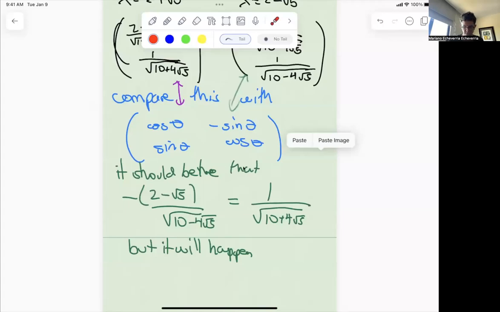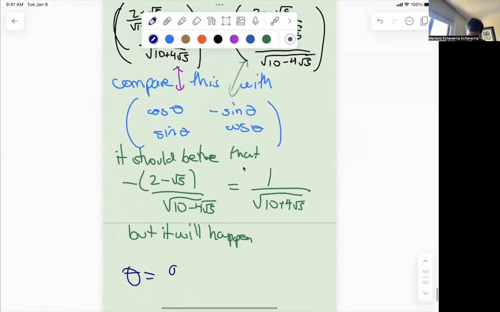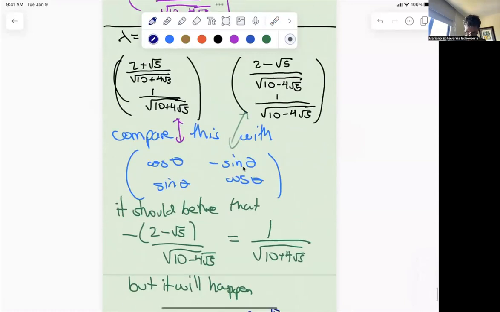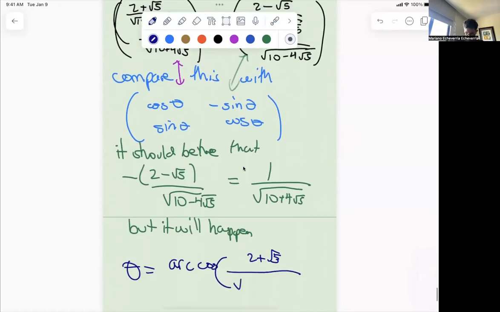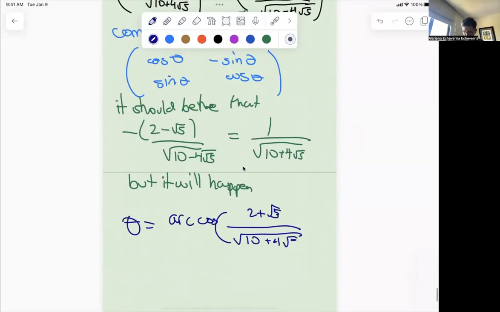The rotation angle is literally arccosine of 2 plus root of 5 over root of 10 plus 4 root of 5. Of course, I wouldn't know how to simplify that, so you would just leave the answer like that. But I'm just saying that there is an angle, and that's the one.